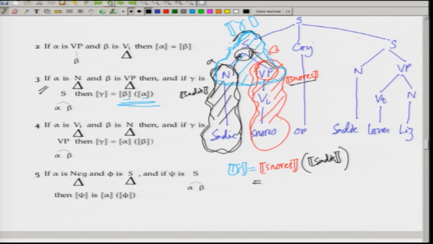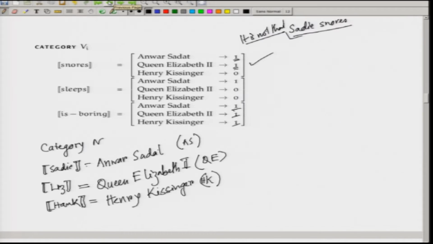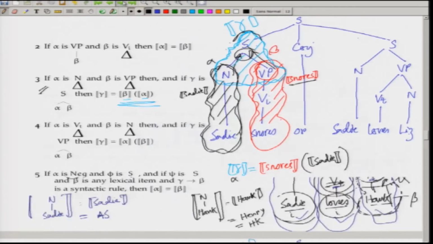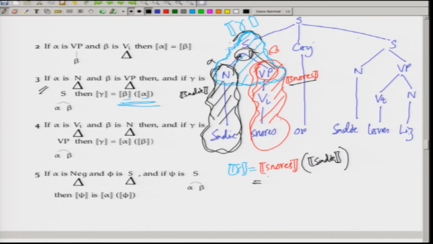We just go back to the construction of these things. So basically Snows is this: Anwar Sadat is mapped to 1, Elizabeth is mapped to 1, and Henry Kissinger is mapped to 0. So basically this is saying that Sadat snows and Elizabeth snows, whereas Henry does not. We just remember this entire thing, we get back to our exercise book and copy.